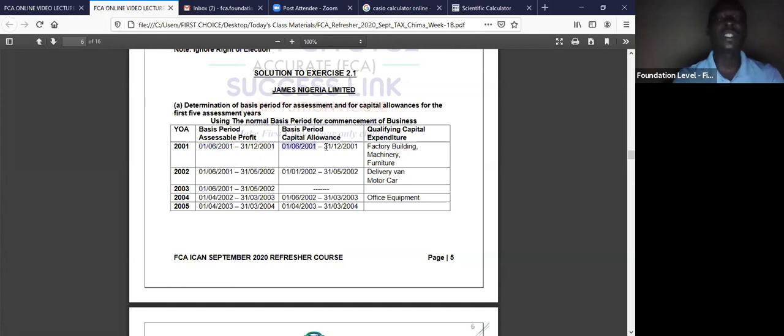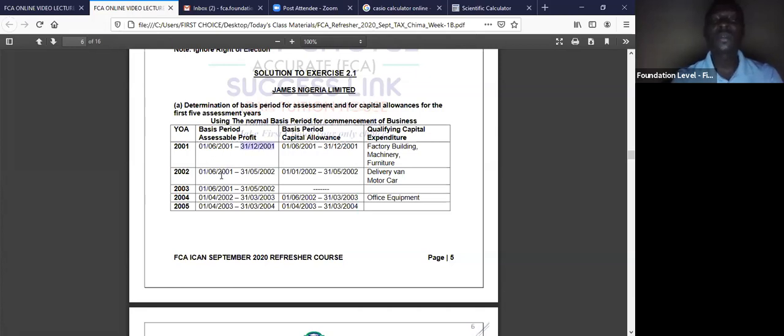Now, can you see when it ends? For the first year, you have no problem because the business is just starting, it will be perfect. Now, when we go to the second year, we'll have an issue. The issue is because there is an overlap. This starting date is also the starting date of this. So that means there will be a period of overlap up to where this one ends.